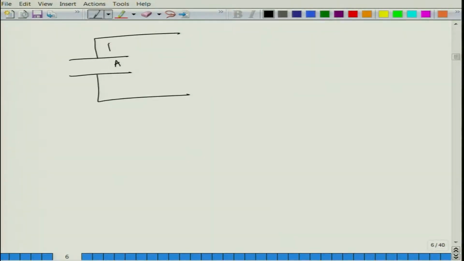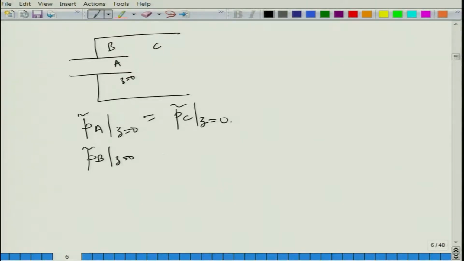This is region A, D and C. At z equal to 0, P A at z equal to 0 is equal to P C at z equal to 0, because field continuity must always be satisfied. Over this region the pressure is the same, and at each and every point the pressure in the annular port just at z equal to 0 is the same as at z equal to C. So, we get that.